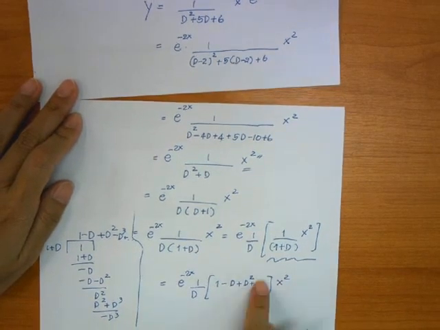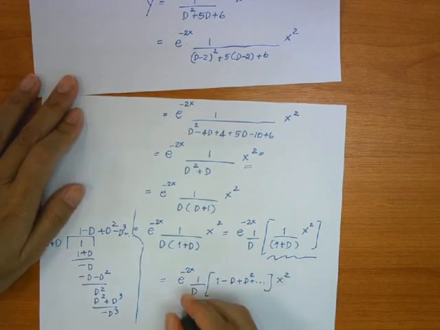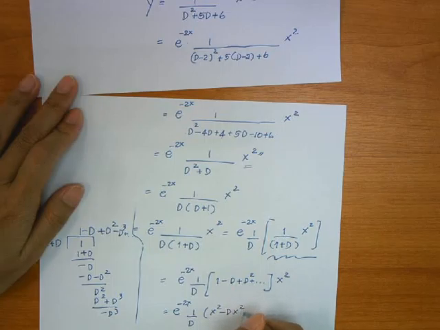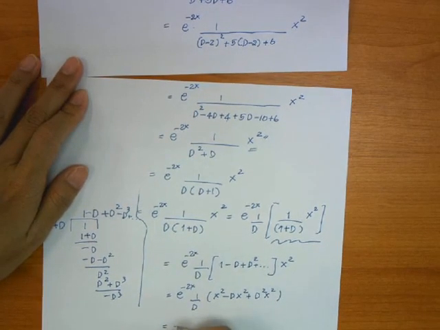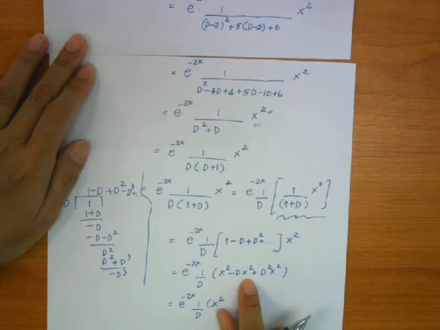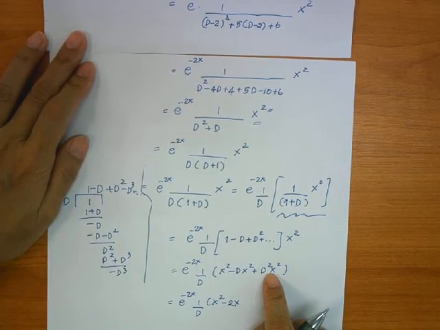Because we know that the rest of the term there, which is follow D squared, you would get 0. The first derivative of x squared equal to 2x.